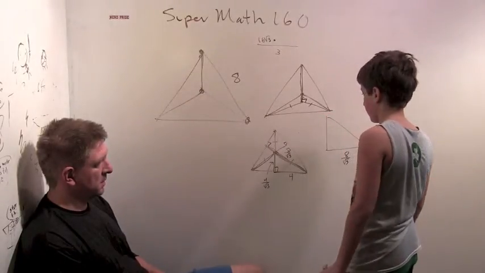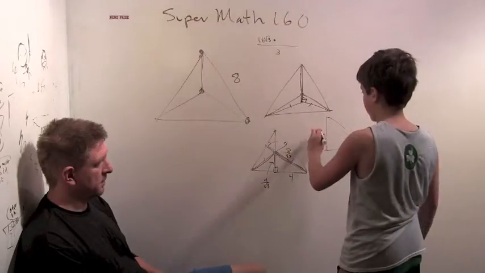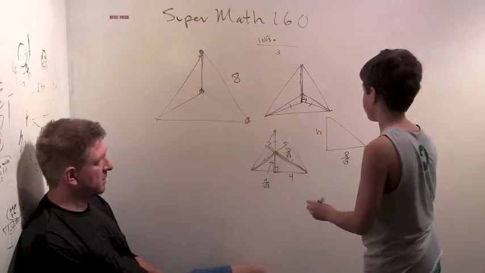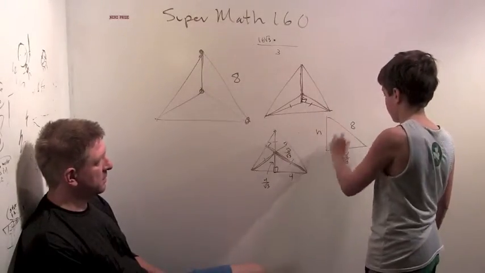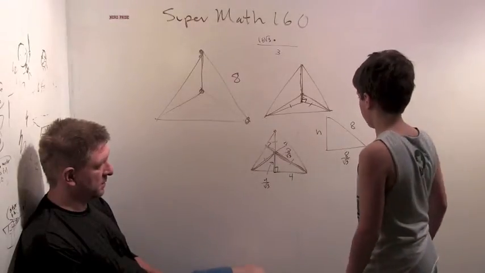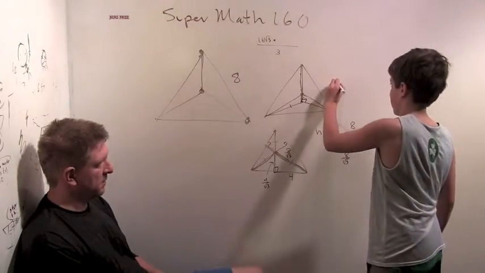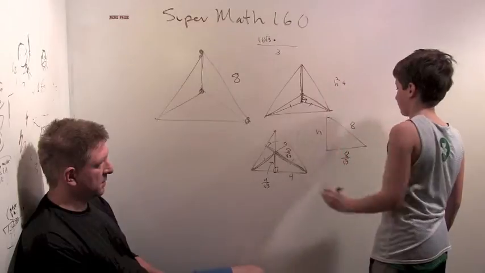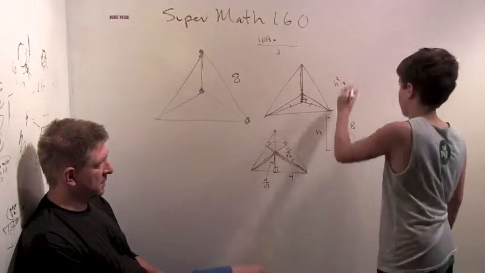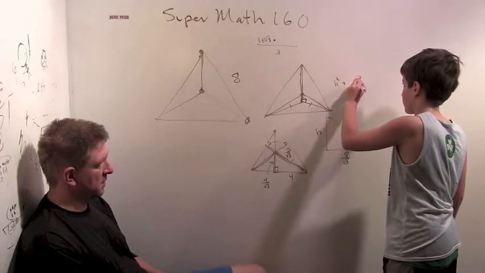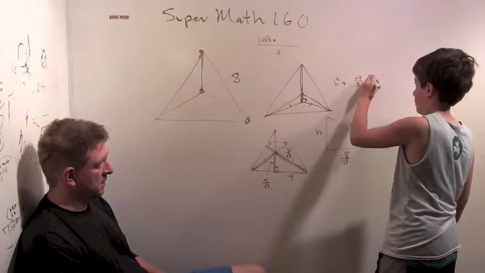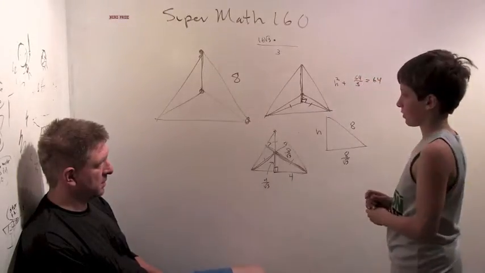So we have our triangle, 8/√3, the height, whatever that is, and 8. Okay. So 8 squared plus 64 thirds.